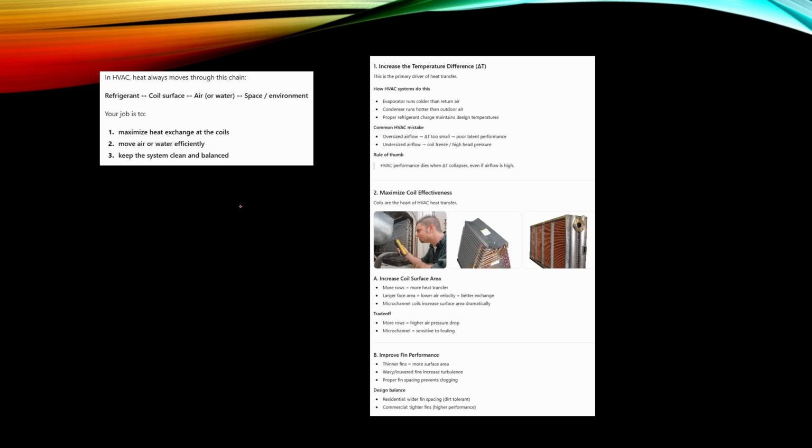The heat transfer is related to the temperature difference between the liquid inside the pipe and the air going through this unit. If this temperature difference is very small, the performance is poor, and we need to be very careful when we design. We need to calculate first what our airflow is and what temperature difference we will have.